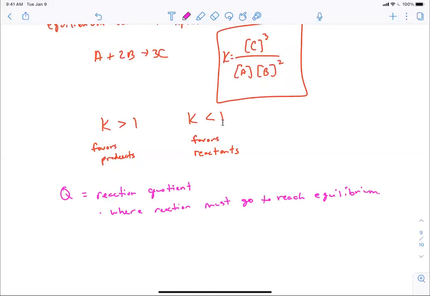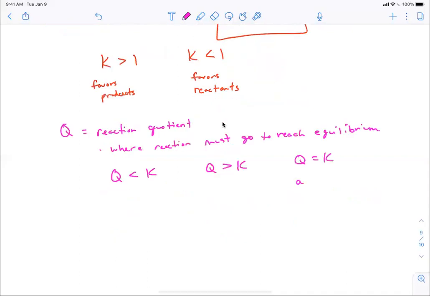So you no longer compare Q versus 1 because you don't care what is favored at equilibrium. You're caring how to get to equilibrium. So you compare Q versus K. Depending on where Q is, that tells you which way the reaction needs to shift to try to reach equilibrium. If it's equal to K, you're already at equilibrium, easy.